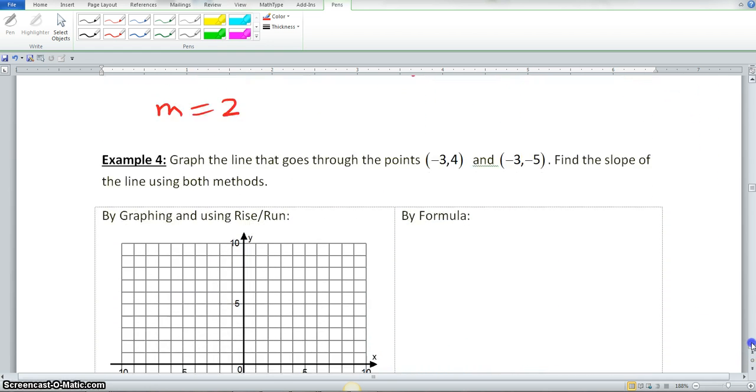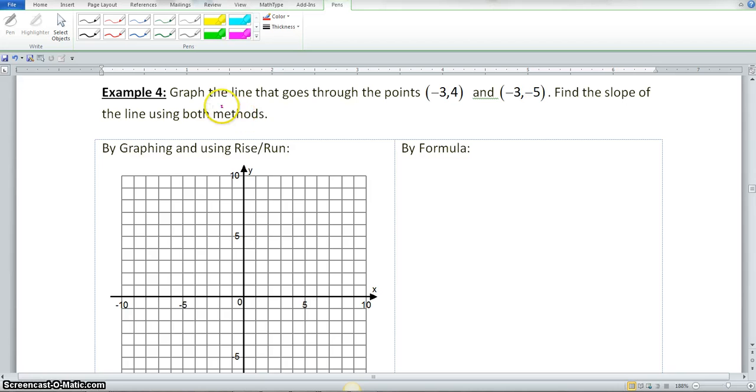So now we go down here to example 4. It says graph the line that goes through the points negative 3, 4 and negative 3, negative 5. Find the slope of the line using both methods. Now, first of all, let's plot those points. We have negative 3, 1, 2, 3, and we have 4, 1, 2, 3, 4. So that is our first point.